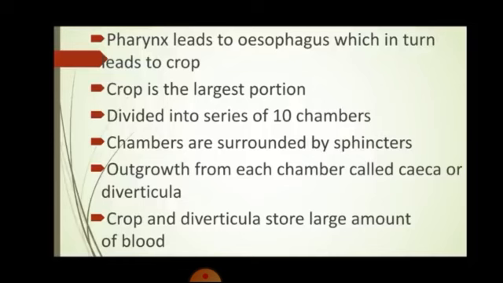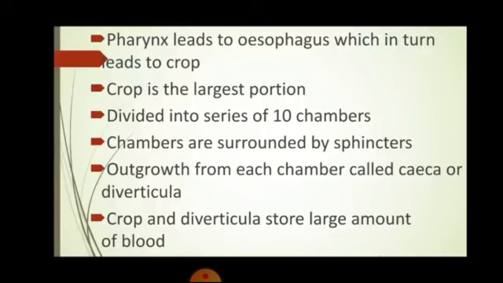The crop chambers and ceca gradually increase in size towards the posterior side, and the crop and its diverticula can store a large amount of blood which can be slowly digested.